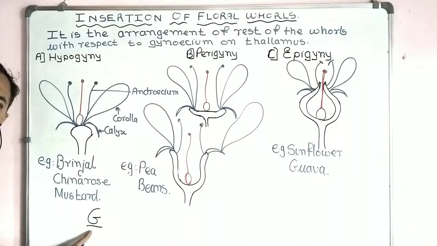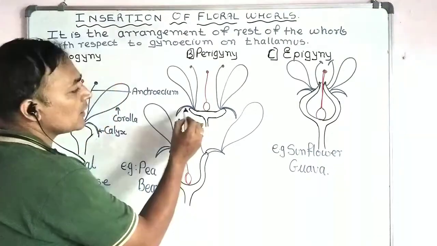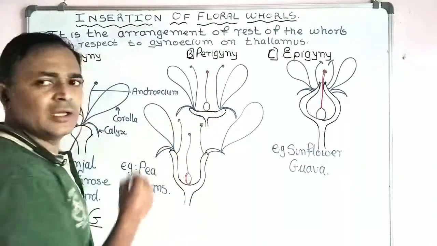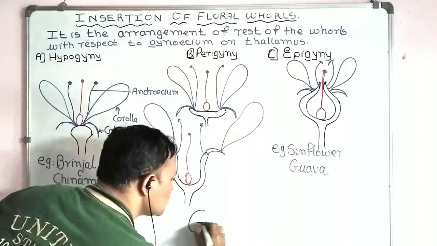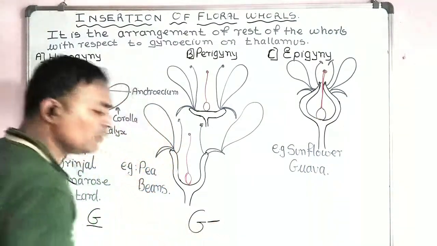This is hypogyny. In perigyny, rest of the whorls are arranged at the periphery of the ovary or at the same level. So gynoecium and a dash in front of it.